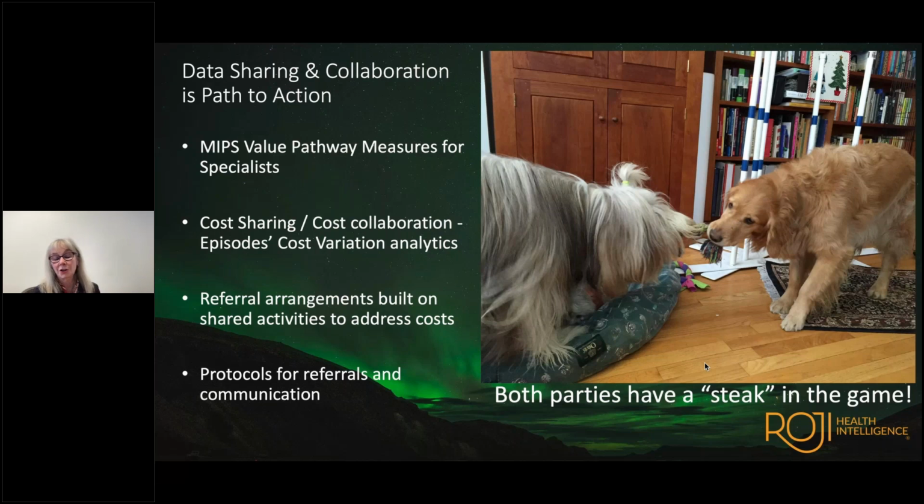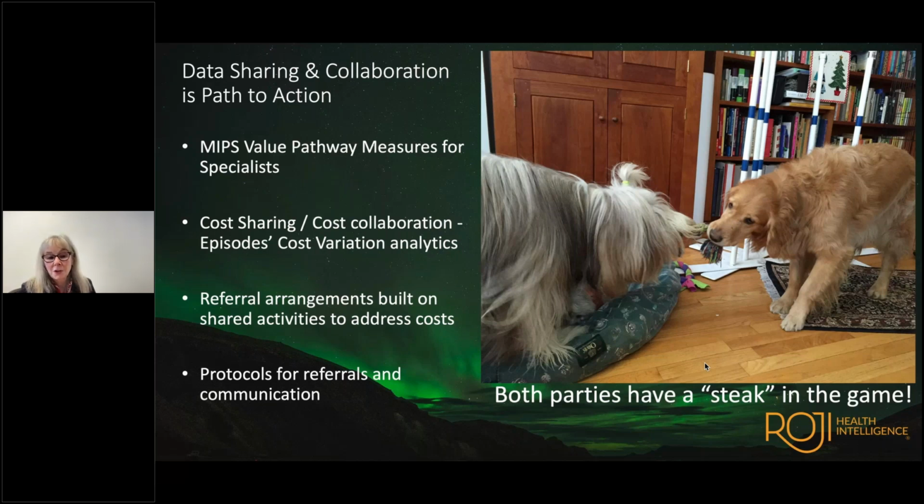Sharing costs, sharing collaboration on episodes related to cost variation is an extremely important and strong interest among specialists in looking at their cost variation, but it is hard to do without having all of the data clinically and claims-wise aggregated.